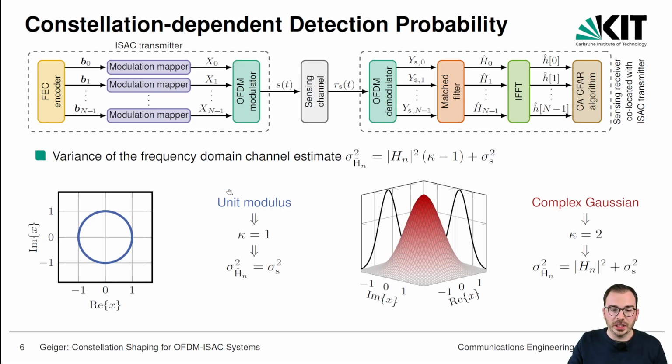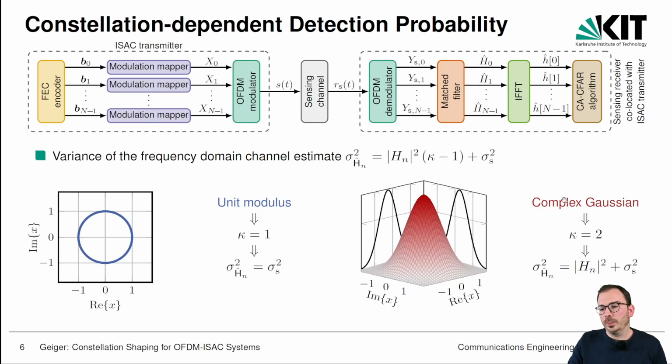For a unit modulus constellation, which maximizes sensing performance, we find that it has a kurtosis of 1. And so the variance in the frequency domain channel estimate just corresponds to the noise power in the sensing channel.